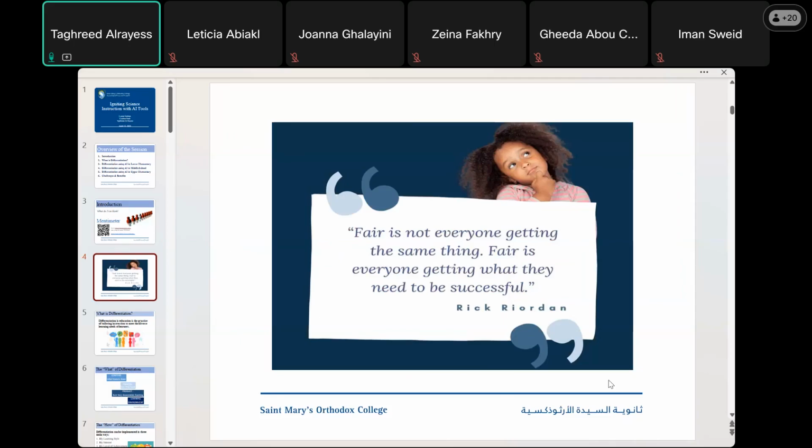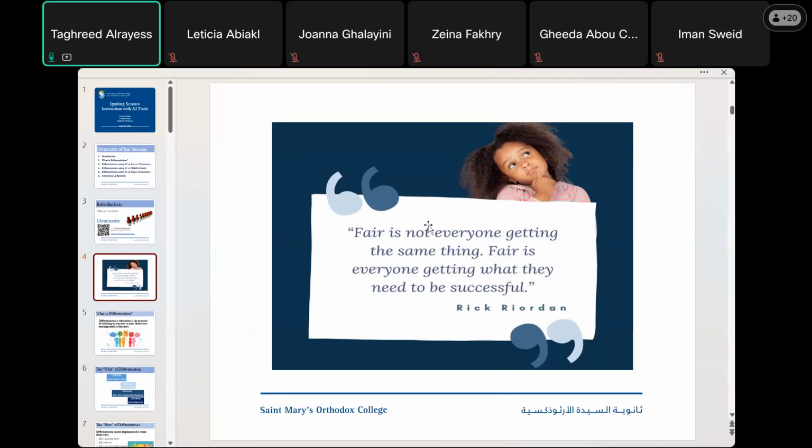But true fairness, or true equity, means believing that each learner comes to us with different strengths, different needs, and different ways of learning. Today, we're going to explore how we can make that happen in our classroom using the help of AI tools.